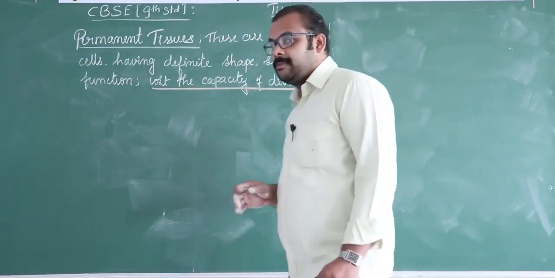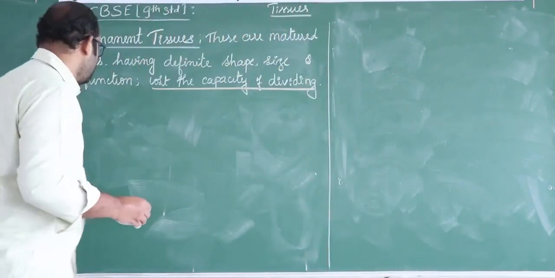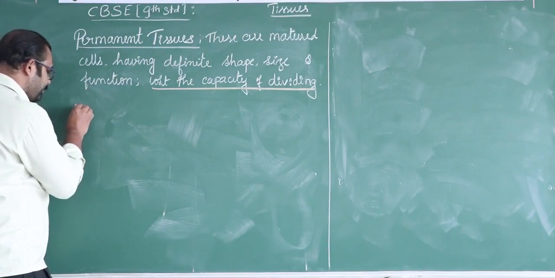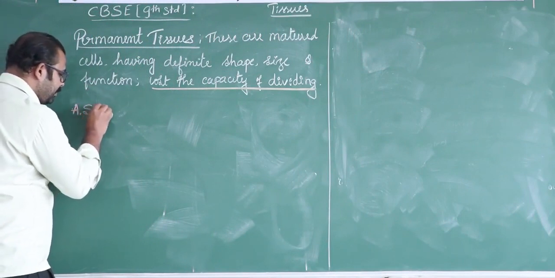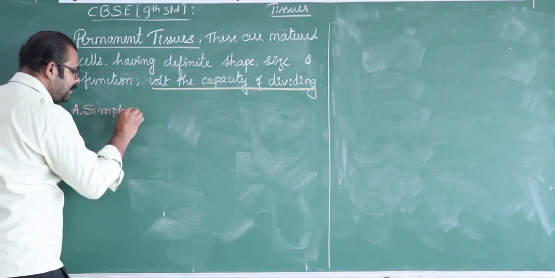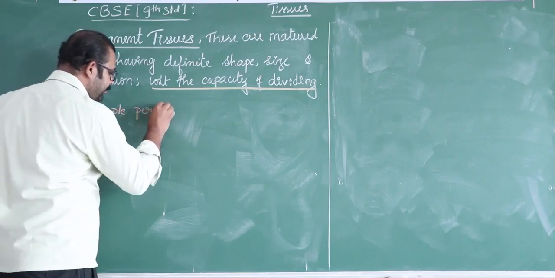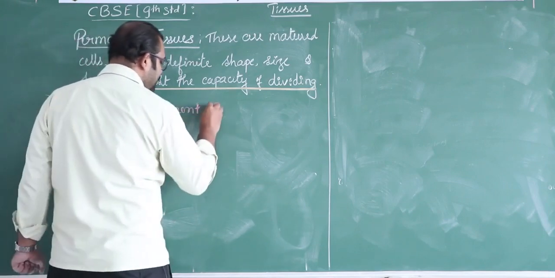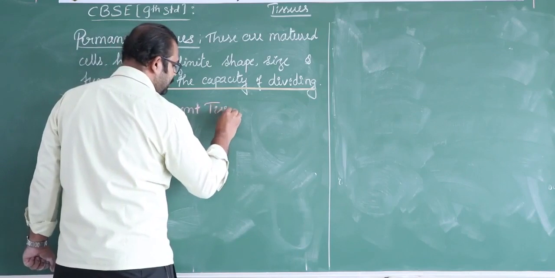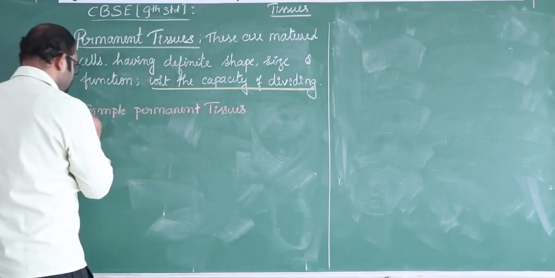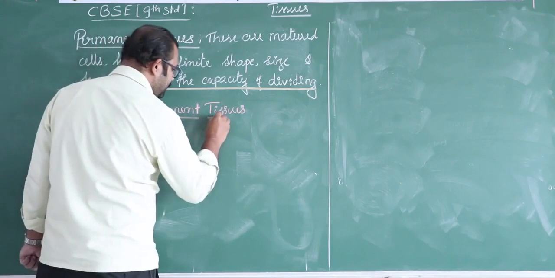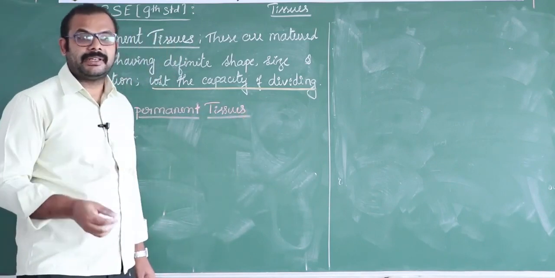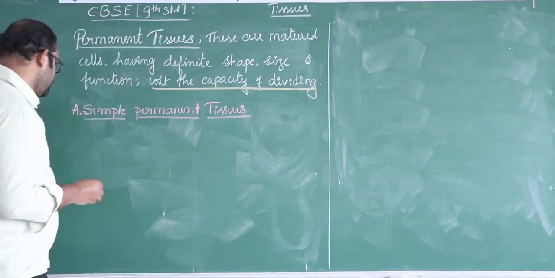Now we are going to discuss the first type, simple permanent tissues. Simple permanent tissues are further classified into three categories.